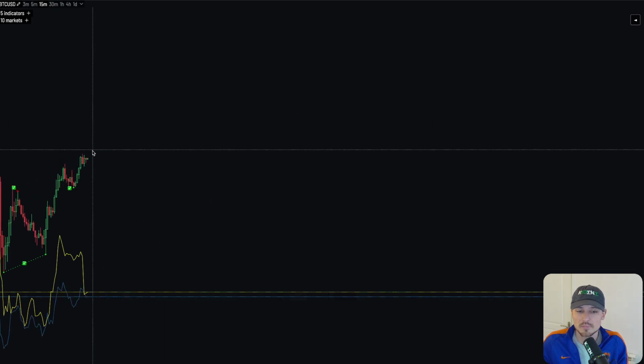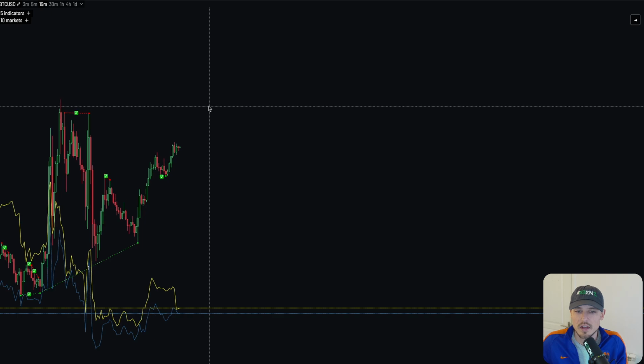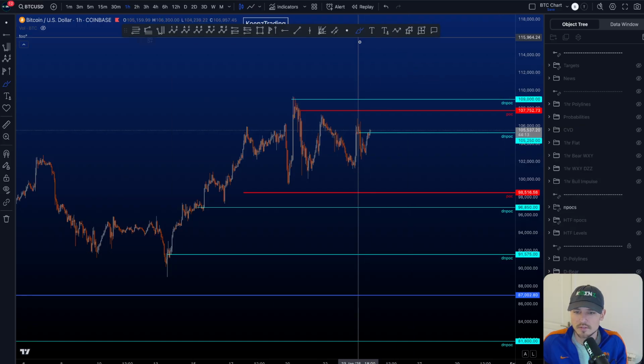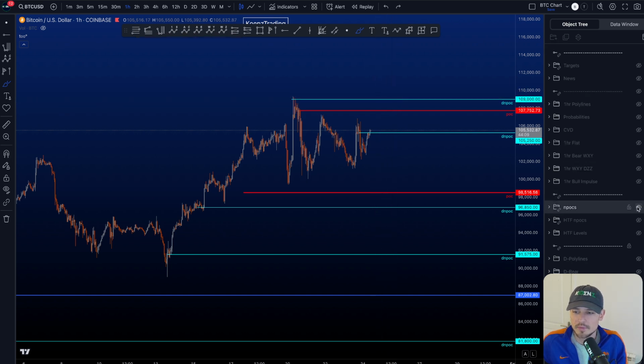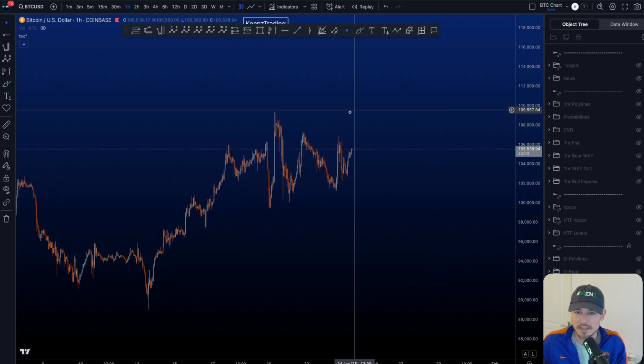So as price potentially moves to the upside and this CVD here plays out, you take out the high, you just got to be very aware of potential new CVD divergences at resistance over here. And that is because of the summary, with regards to probabilities and polylines that I will explain in a second.